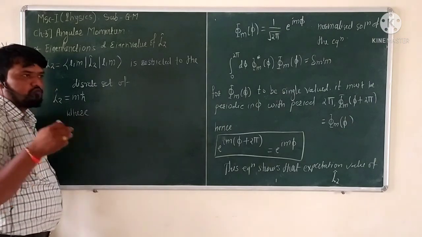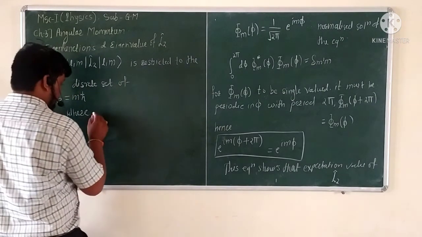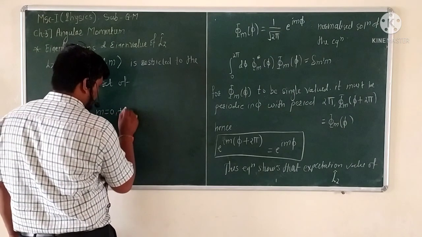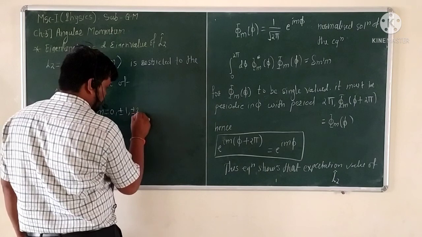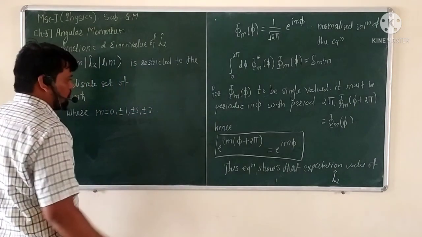Where this m value is nothing but minus L to plus L, which is considered as m equal to 0, plus or minus 1, plus or minus 2, plus or minus 3, and so on.